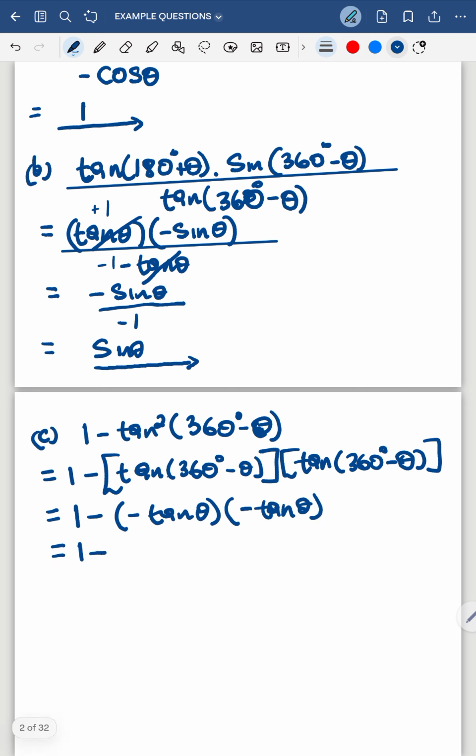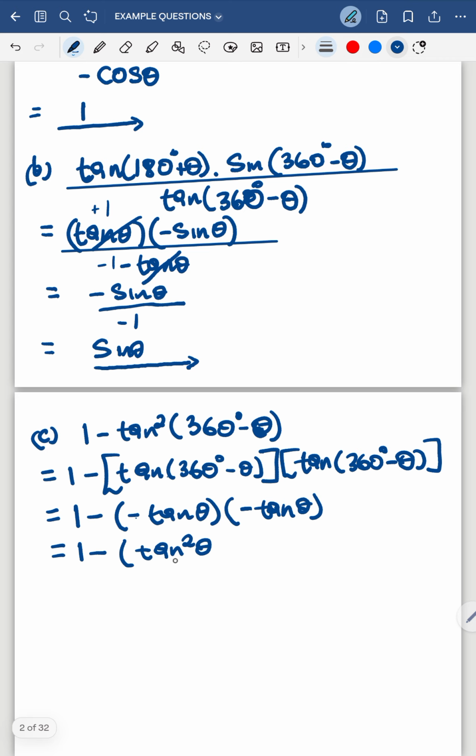So if you are continuing here, negative multiplied by negative is going to be positive. And then tangent theta multiplied by tangent theta is going to be positive tan squared theta. You write tangent, then you write the square, then you write theta.